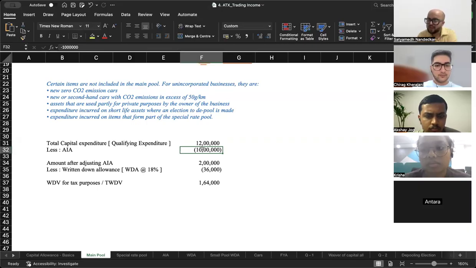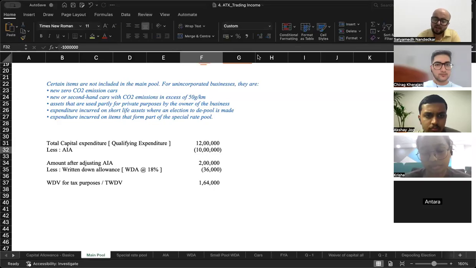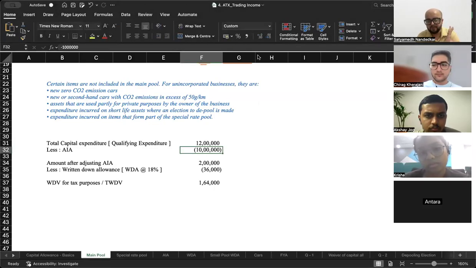If you don't use the entire 10 lakh in a year, the amount lapses. You cannot carry it forward to the next year. Like, so many different items in allowances can be carried forward, but this is an allowance that cannot be carried forward from one year to the next. It will lapse. And after adjusting AIA, the amount is 2 lakh.